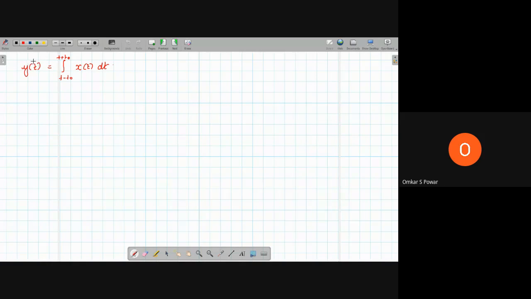Before that, in the exam, you may expect one question like this. They will give you a circuit like this, and they may tell you to find whether the system is time invariant or linear, stable, memory or causal, and you have to solve this one.